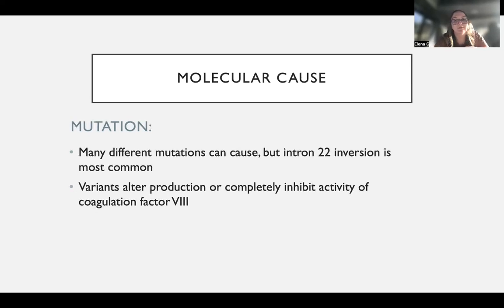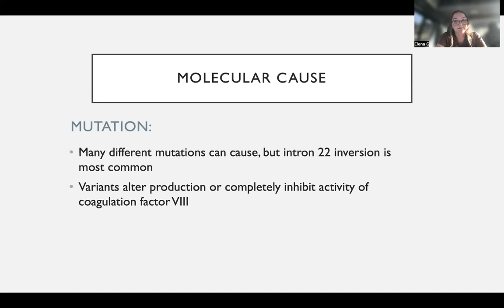So there are many different mutations in this gene that have been identified to cause hemophilia A. Some are point mutations, meaning they only change a single base pair, and others insert or delete multiple. However, inversion is the most common mutation of the F8 gene that leads to hemophilia A. So an inversion mutation is when a segment of the genetic code becomes reversed in orientation relative to the rest of the chromosome.